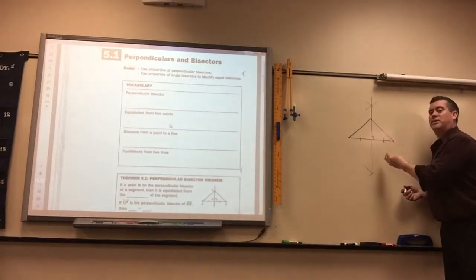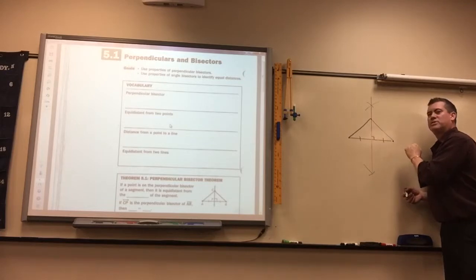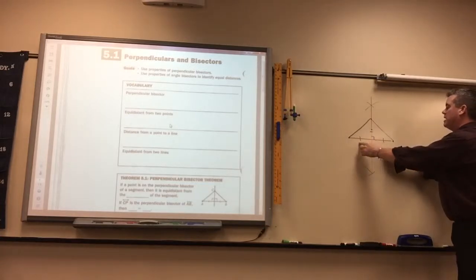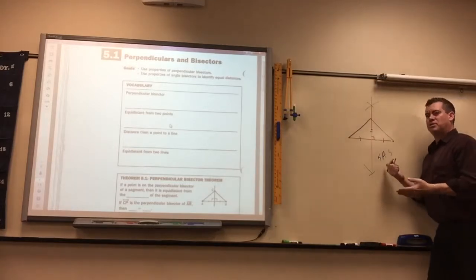When I draw this in here now, what are these two things? They're right triangles. And are they congruent to each other? Yes. And what's the reason why they're congruent? SAS. It's got a shared side here. SAS. So since they're congruent, that means all corresponding parts are congruent.